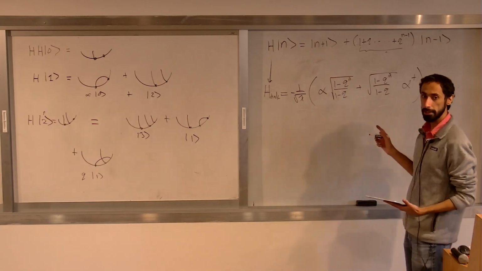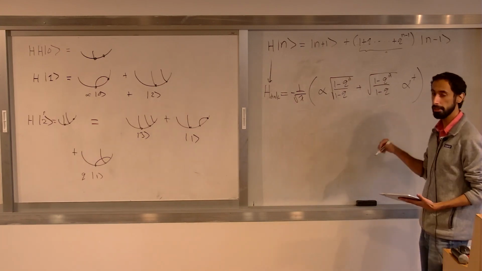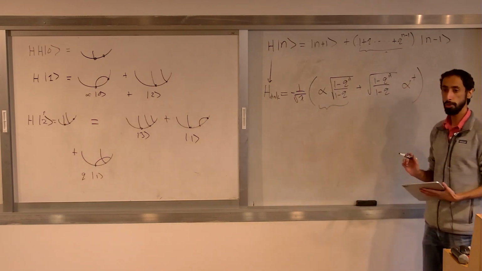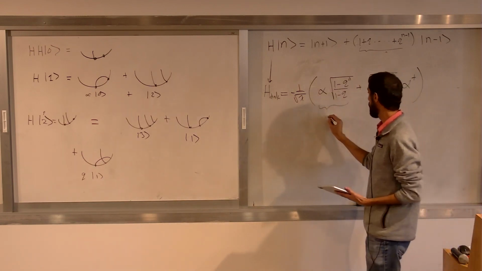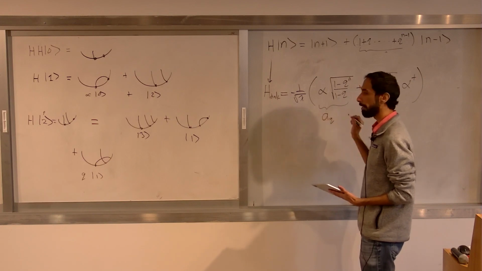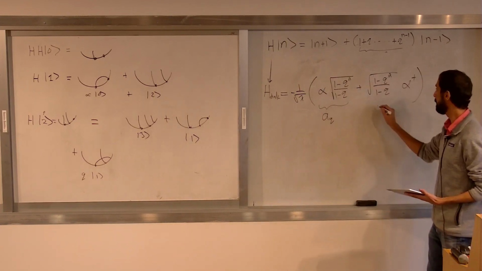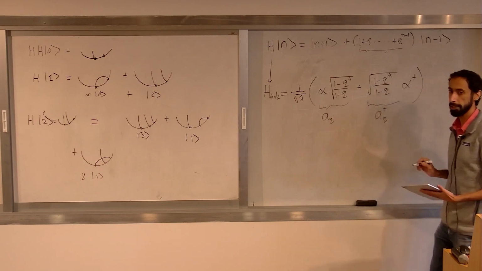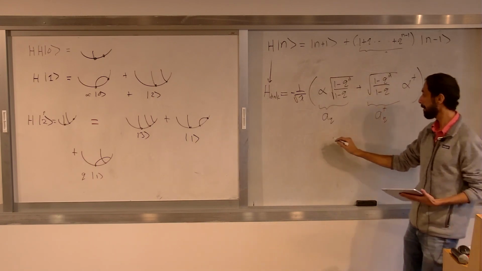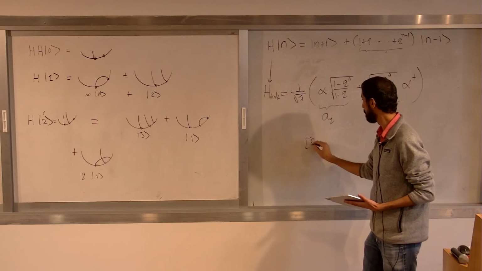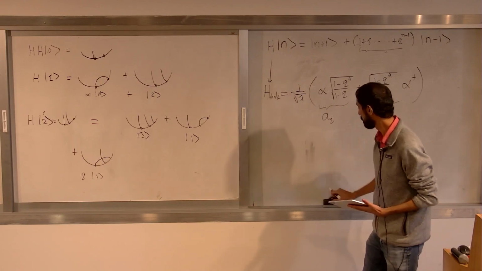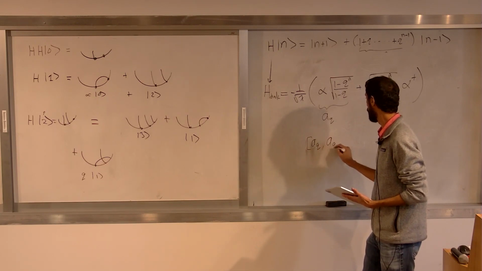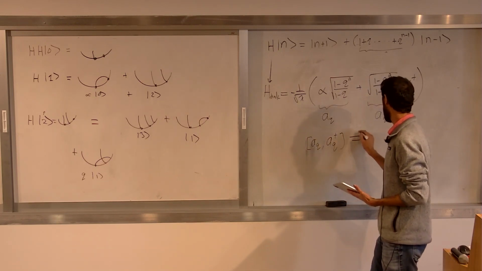Something interesting about these two terms is that this object here is what you might call the q-deformed lowering operator, and this one here is the q-deformed raising operator. If you take their commutator, you do not get 1.